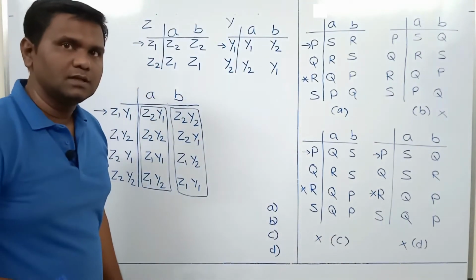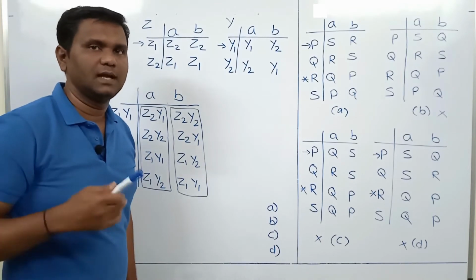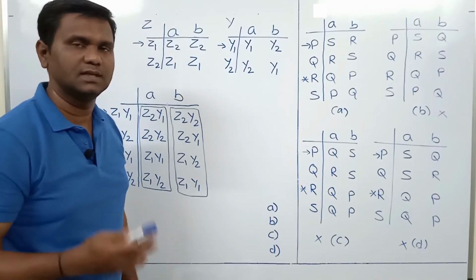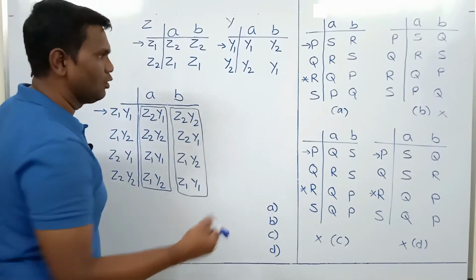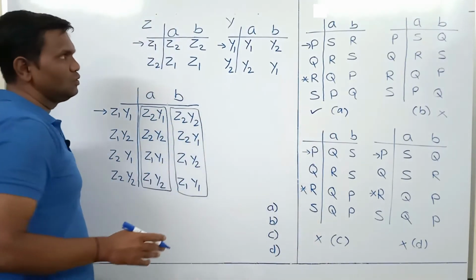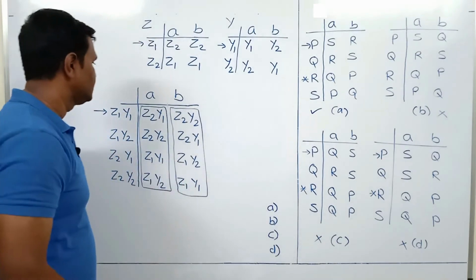Now we can also solve this by another method where we have to assume one transition correct and then prove that other transitions are also consistent. Let's see how to do it. We already have figured out that this option is correct, but let's see how to verify the consistency of the transitions.